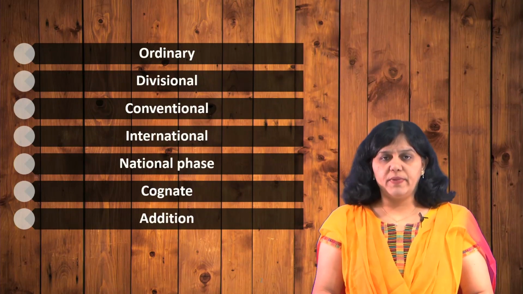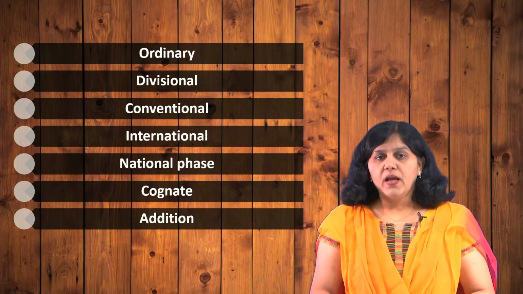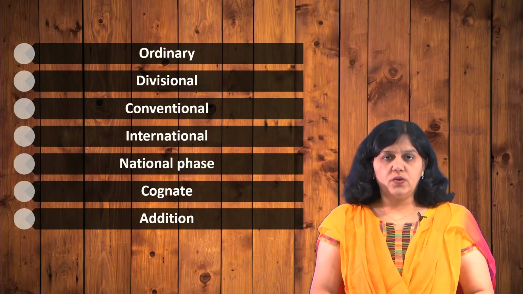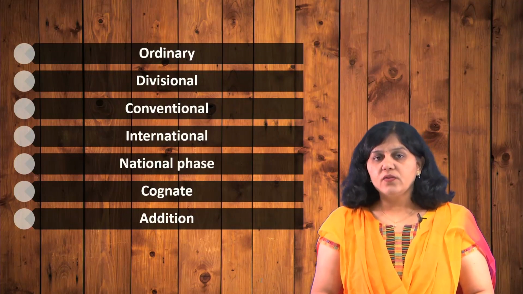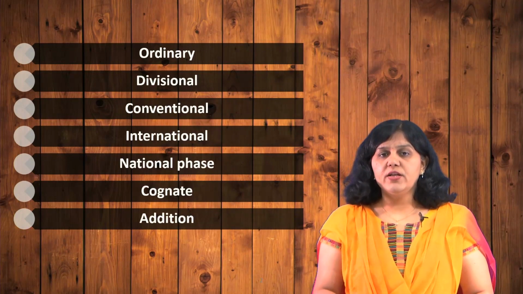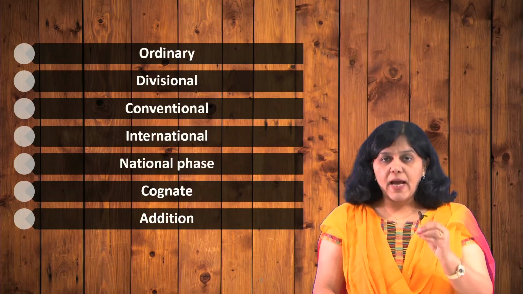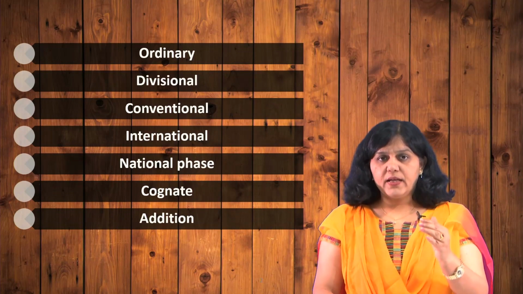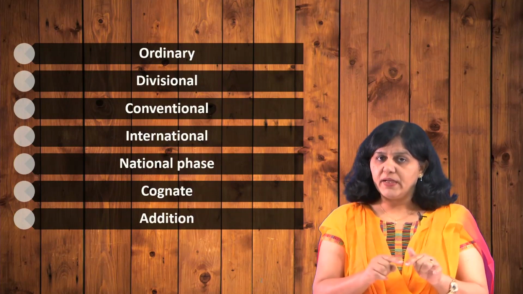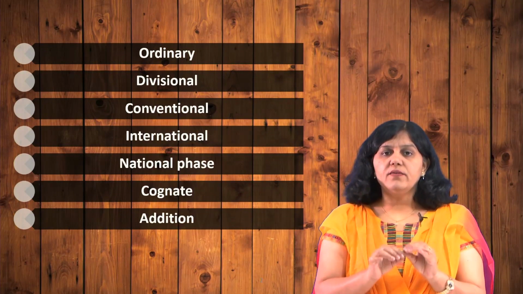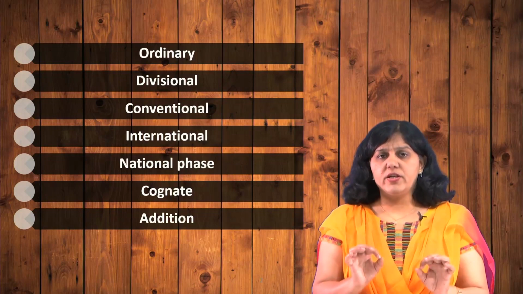Next is a divisional patent. What is the meaning of it? One of the major rules of the patent is unity of invention. What is the meaning of that? Unity of invention means that one patent will claim only one invention. So, if we are dealing with one patent, then that one patent will deal with only one invention.